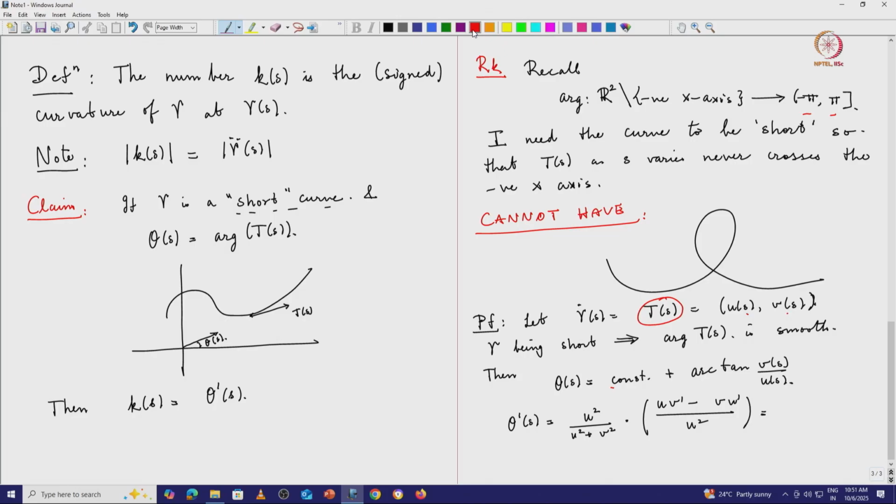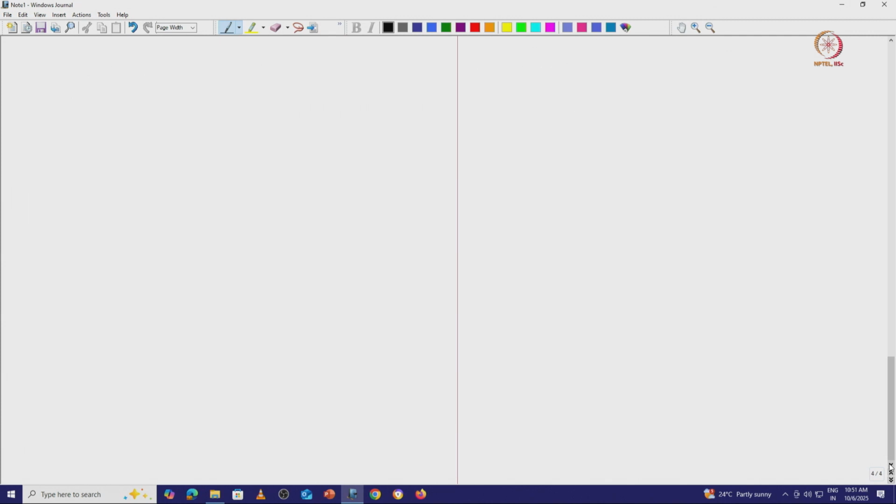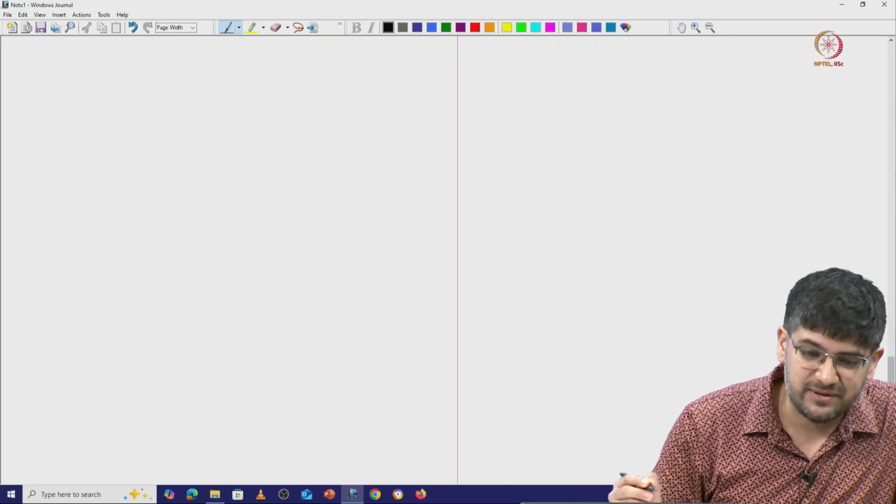Now u squared plus v squared is equal to 1. Why? Because that's the norm of the tangent vector, and the norm of the tangent vector is 1, arc length parametrized. And similarly these two cancel, so in the end I only have u times v prime minus v times u prime. Okay. So I want to claim that theta prime is actually the signed curvature.